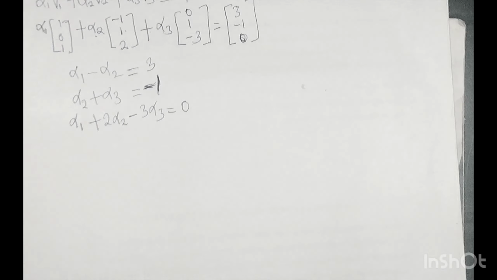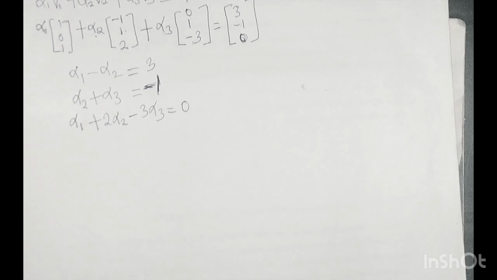If you make alpha 3 the subject of the formula, you are going to have alpha 3 equals minus 1 minus alpha 2. All right. So after doing that, put this equation into equation 3. So we are putting equation 4 into equation 3. Equation 3 is what? Alpha 1 plus 2 alpha 2 minus 3 alpha 3 equals 0.